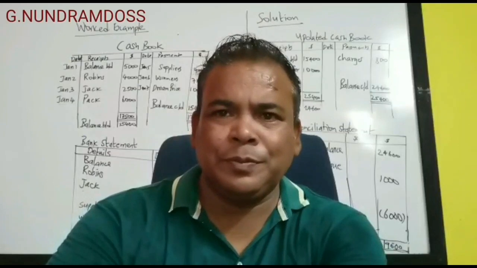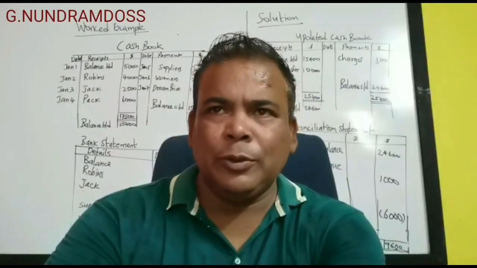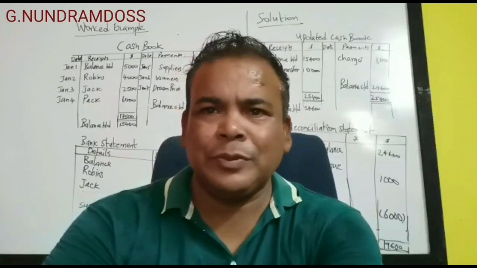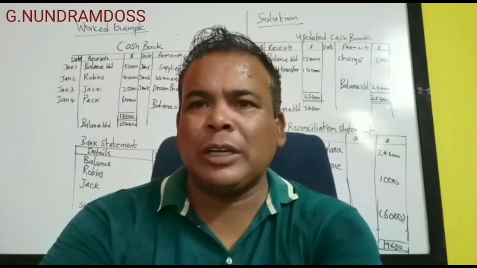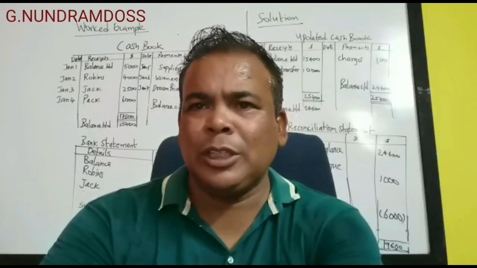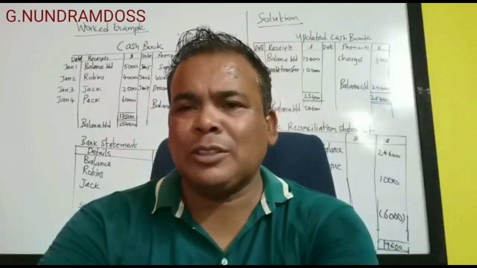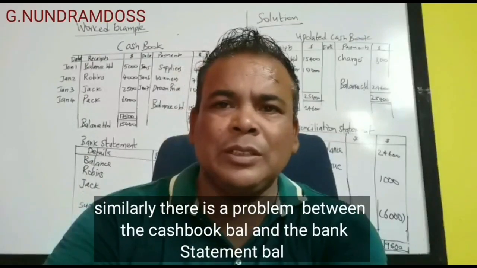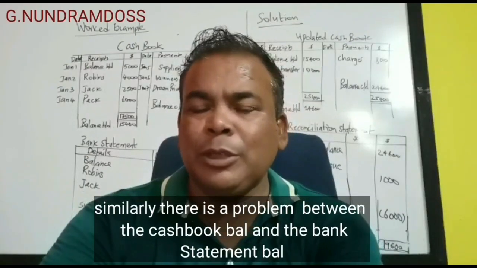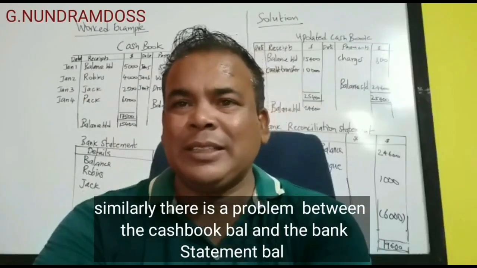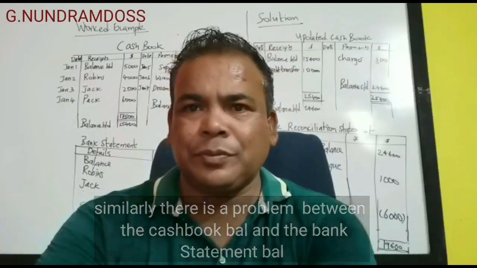For example, if you have a problem with your friend at school, the next day you can reconcile with your friend in order to keep your friendship. Similarly, there is a problem between the cash book balance and the bank statement balance.